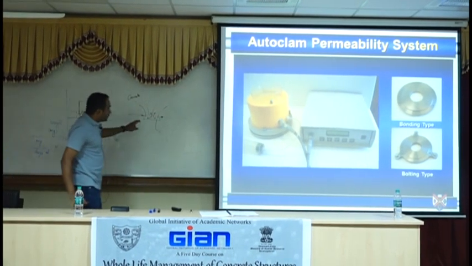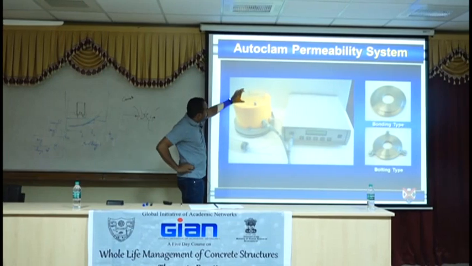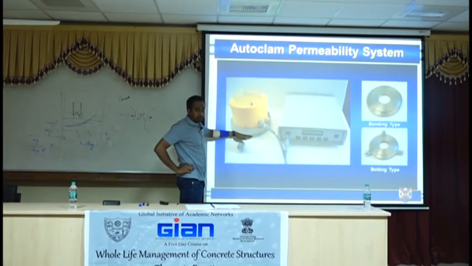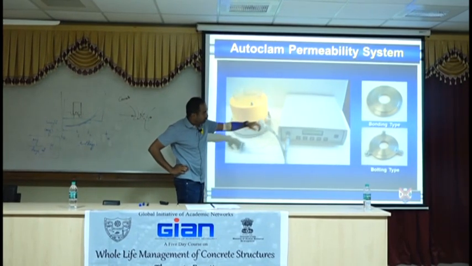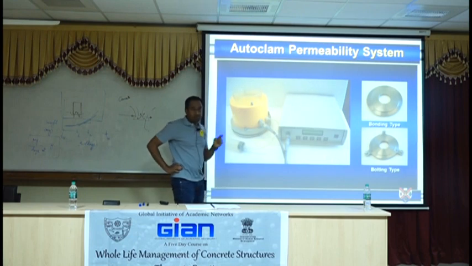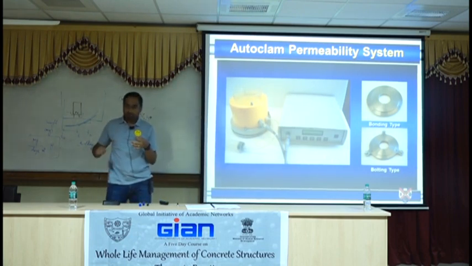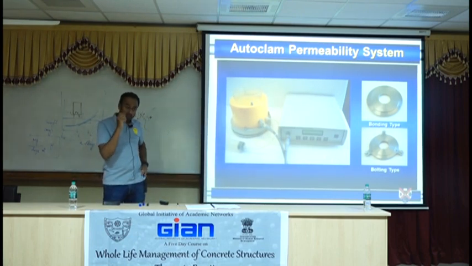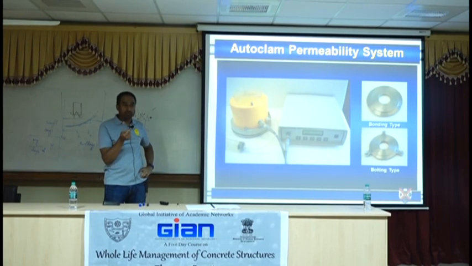So 0.5 bar, this is the reservoir, and that's the surface that attached to the concrete using one of those rings. And there's a small pressure built up between the reservoir and here, and there's a tiny syringe sitting inside. It's a medical syringe, and it can tell us the rate of flow of water in microliters.